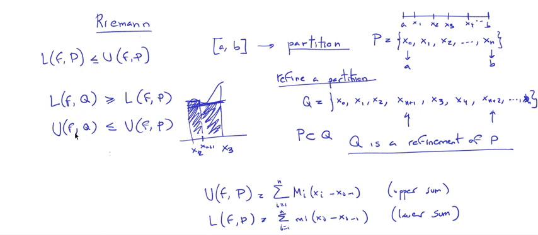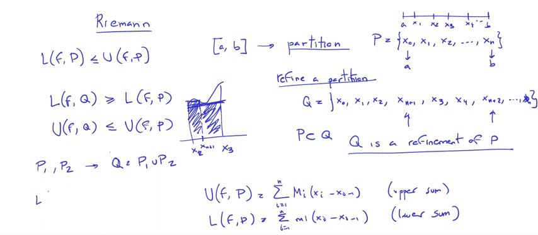suppose, well, of course, if we have any two partitions, P1 and P2, then we can join them together, like say Q is the union of P1 and P2, and now Q is a refinement of both.